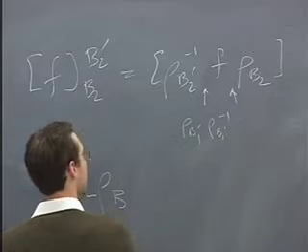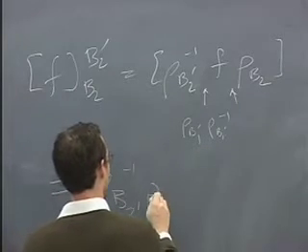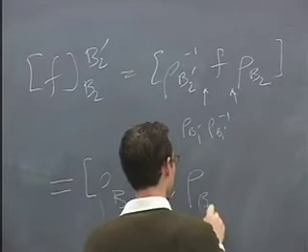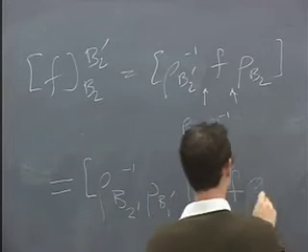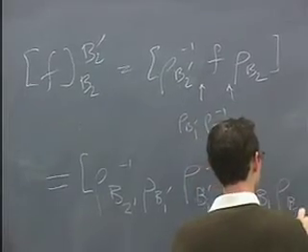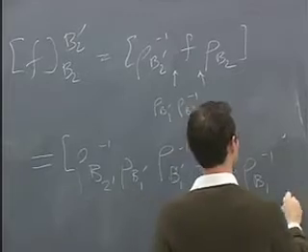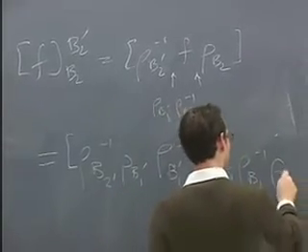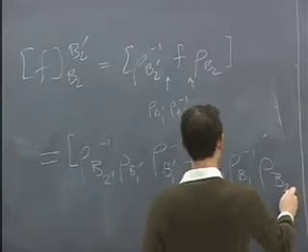I can rewrite this as rho B2 prime inverse rho B1 prime times rho B1 prime inverse F rho B1 times rho B1 inverse rho B2. This thing again is the identity, so I'm just allowed to insert it wherever I want, as long as it's the identity on the right vector space, and it certainly is, rho B2.